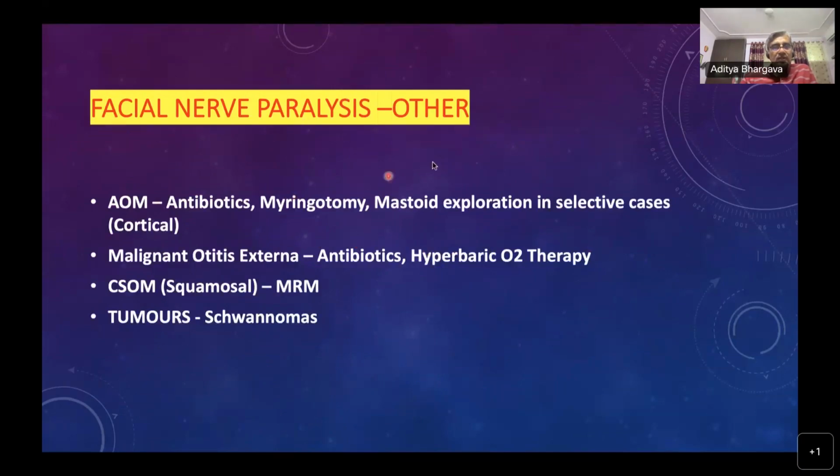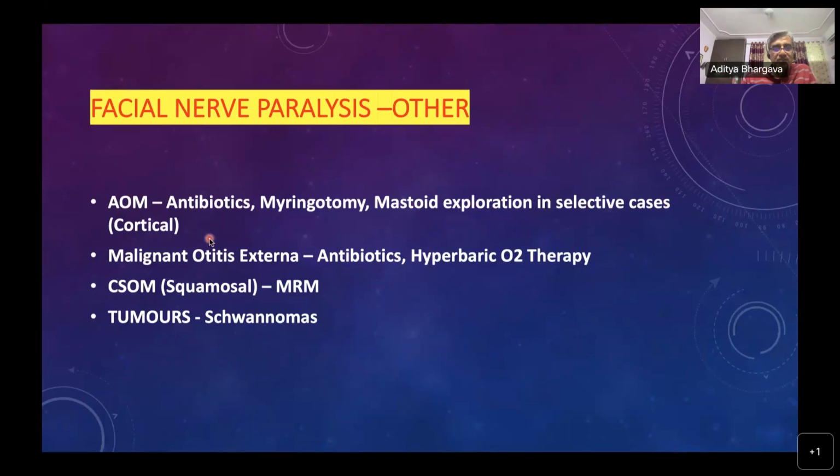Then other common causes of facial nerve paralysis: acute otitis media. Sometimes we get a patient with acute otitis media and acute mastoiditis along with facial nerve paralysis. Give cover of antibiotics for 48 hours minimum. Carry out the myringotomy with a Grommet incision, and if the patient is not improving within 72 hours, you can do the mastoid exploration.